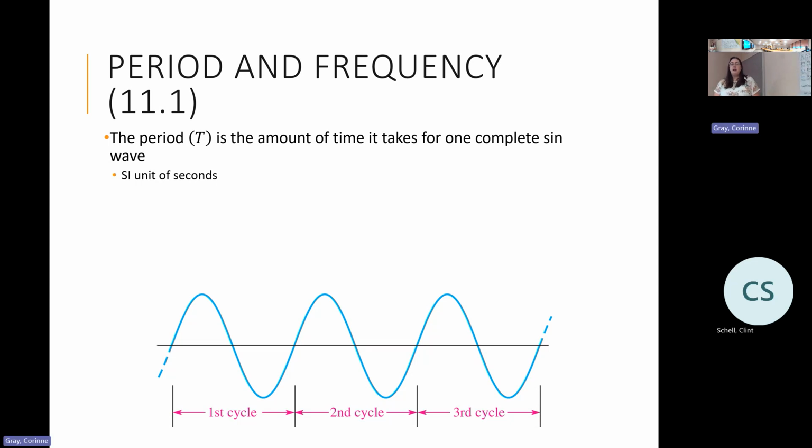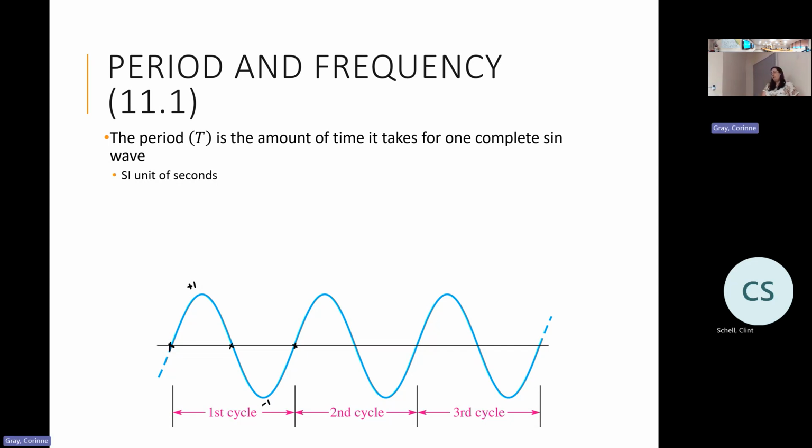So for a complete sine wave, we need to go from 0 to +1 to 0 to -1 back to that 0 value. That is one complete sine wave.